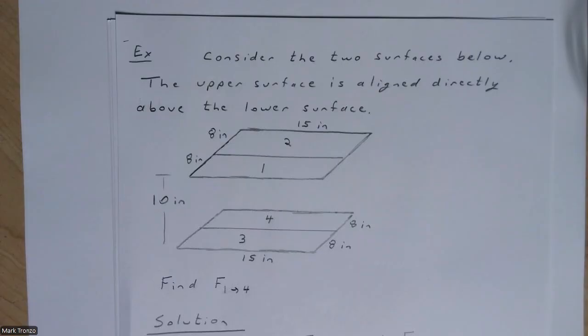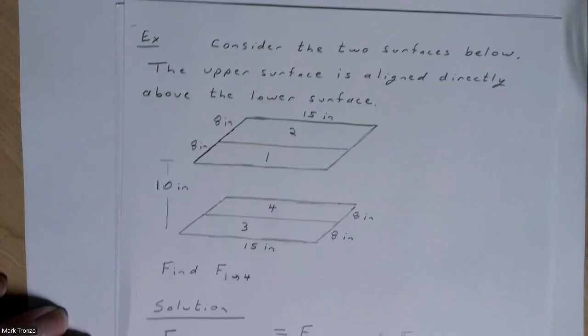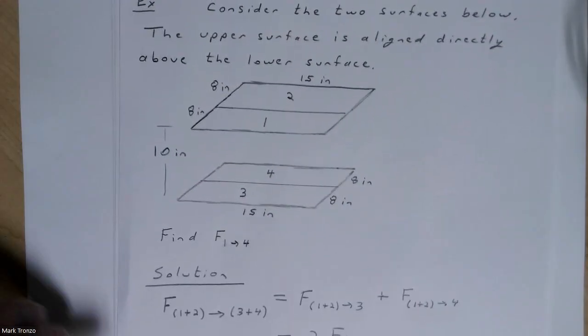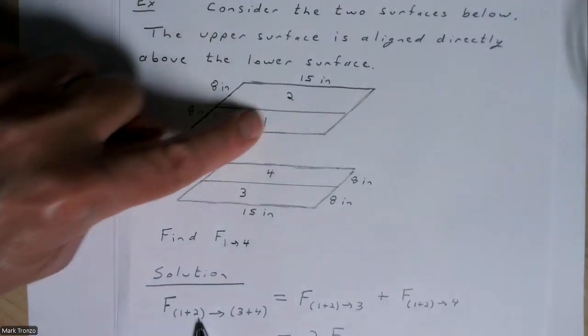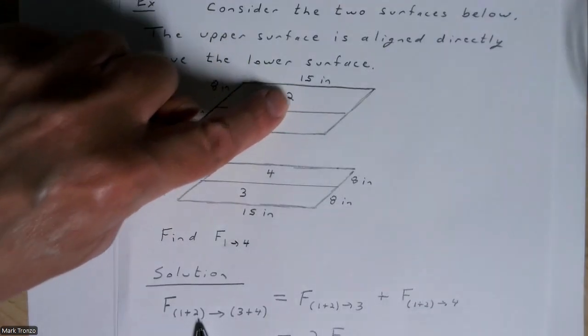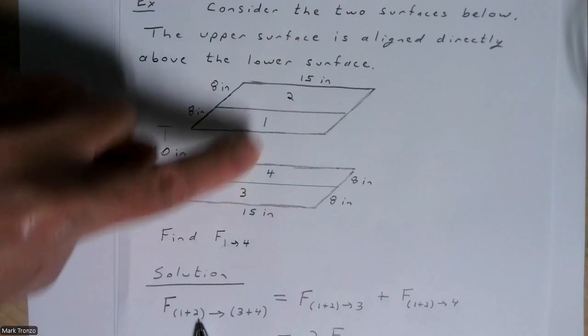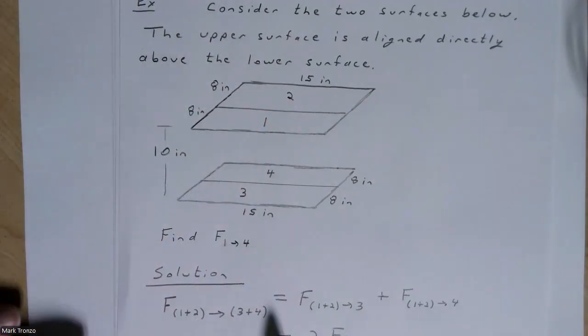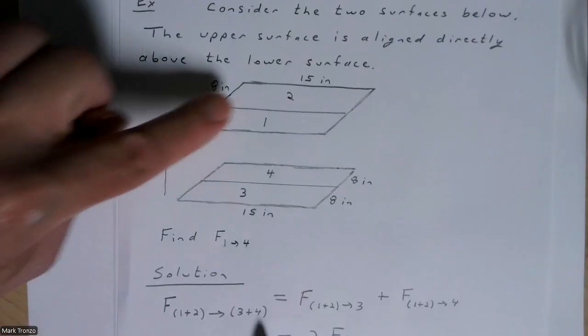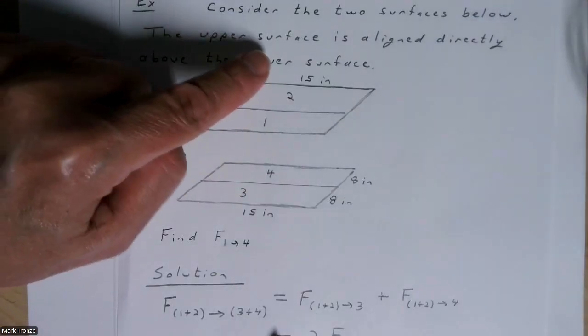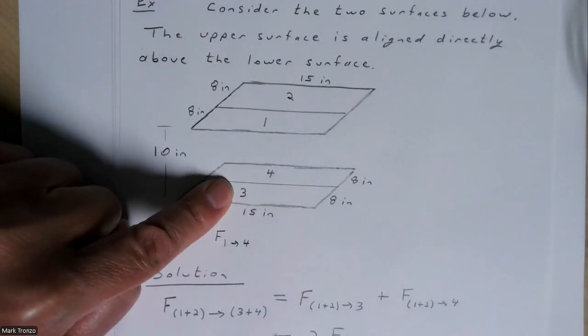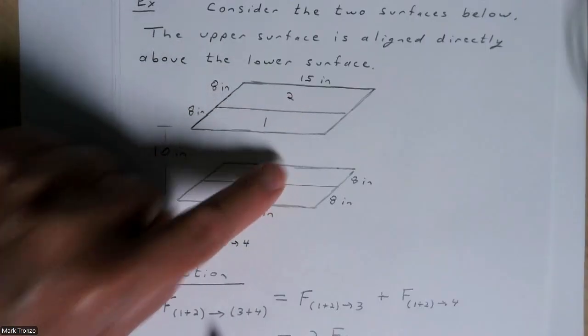So we're going to start solving this by using decomposition. We're going to say that F1 plus 2, in other words, the view factor from here to here, is going to be equal to the view factor from this one to 3 plus this one to 4.